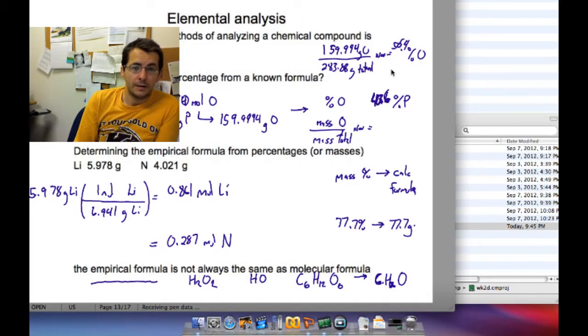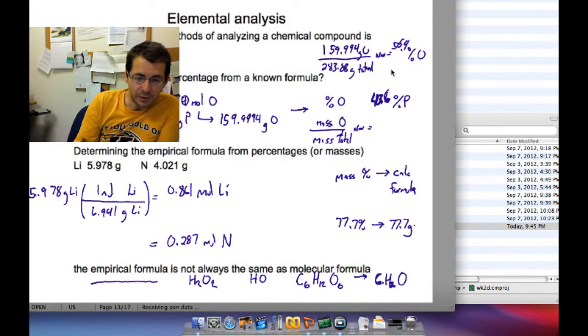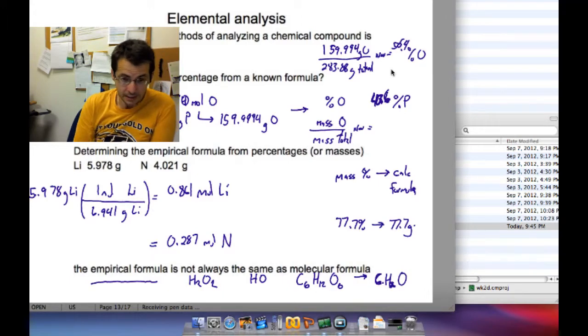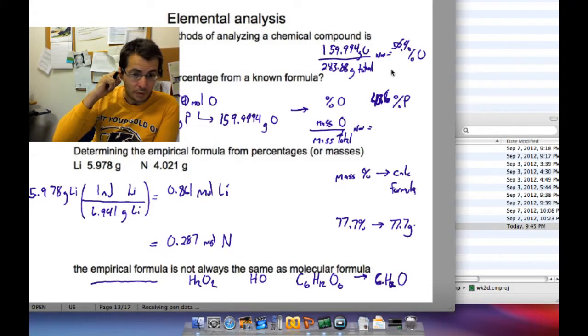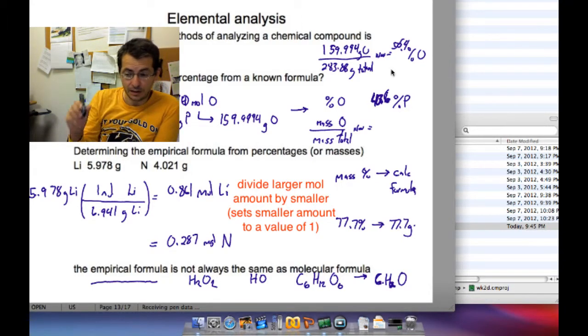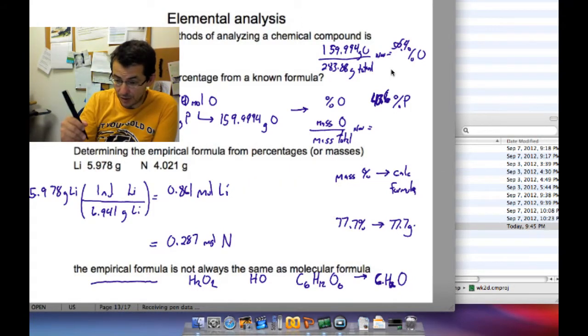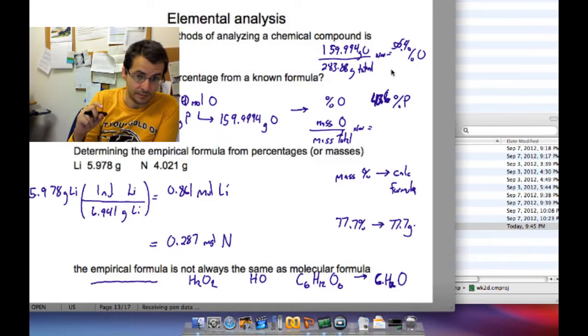Now, this doesn't look like a small whole number ratio, which it isn't a small whole number ratio unless we actually make it into a ratio. We divide the largest by the smallest, and that'll give us the whole number ratio. Because whenever you take a ratio, that sets the denominator to 1.